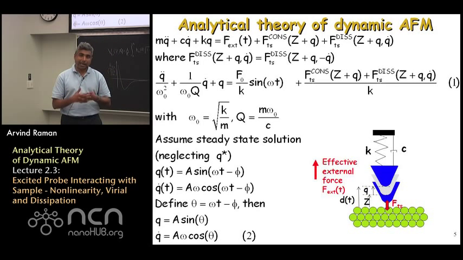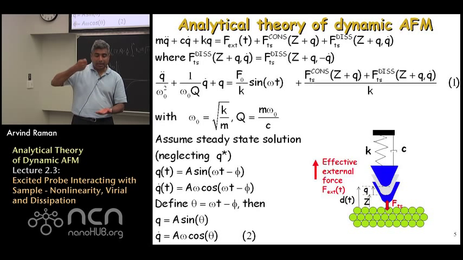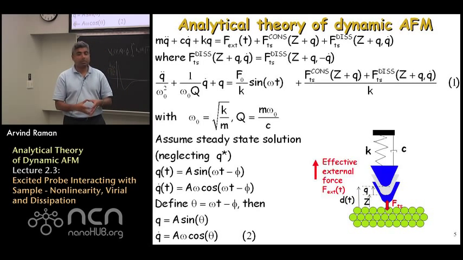And fundamental to the analytical theory of dynamic AFM is that when you drive this oscillator near resonance away from the sample and come close to it, under the perturbations from the tip-sample interaction forces, we continue to assume that the tip keeps oscillating in a nice harmonic, sinusoidal fashion, without having too many anharmonics or any major distortions.